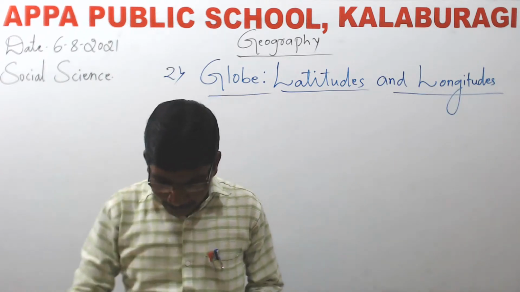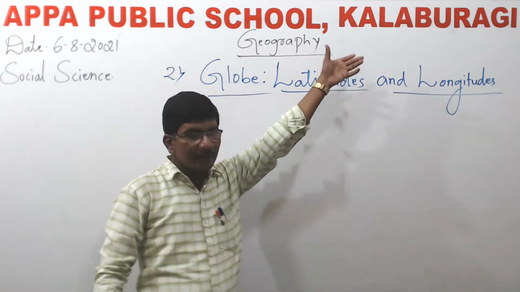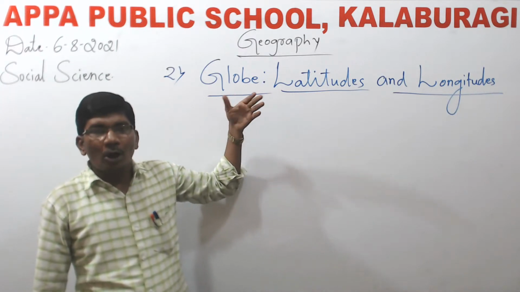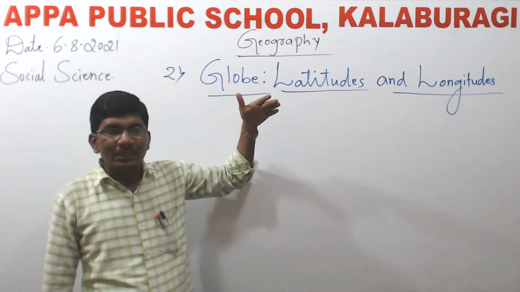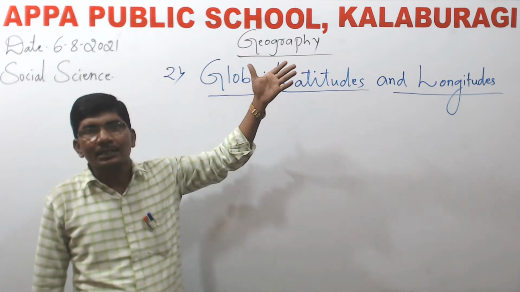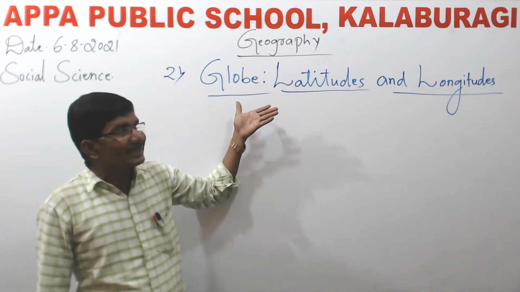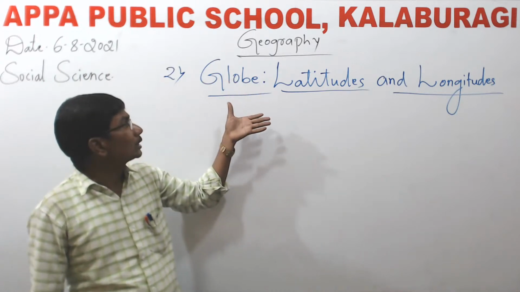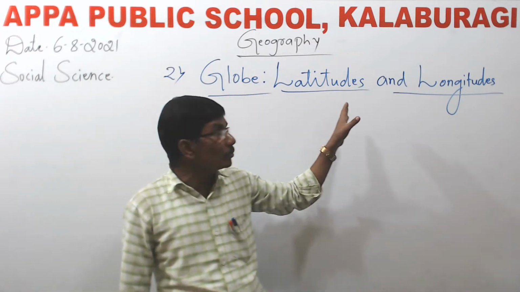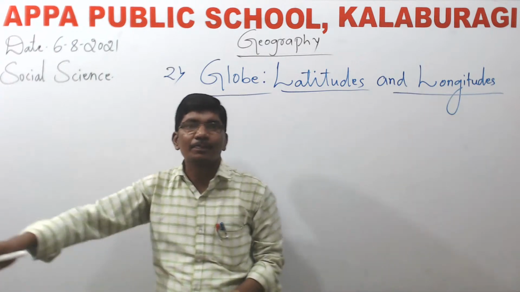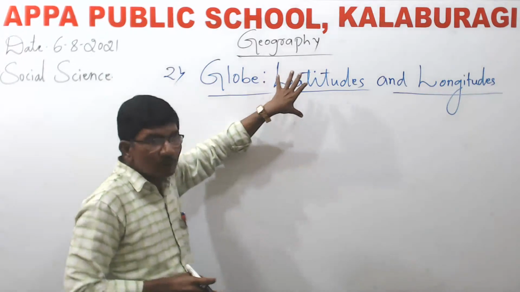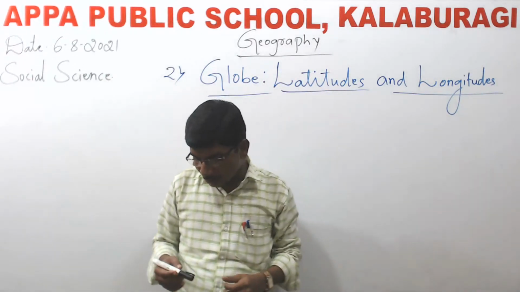Today I am going to explain this chapter. My dear students, about the globe, you have already studied in 5th standard, and in 4th standard. So I think you already have an idea about the globe, latitudes and longitudes. This year also this chapter is there. That's why we are going to study about the globe.